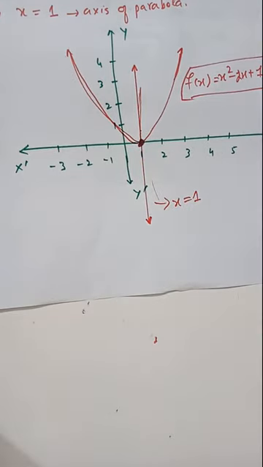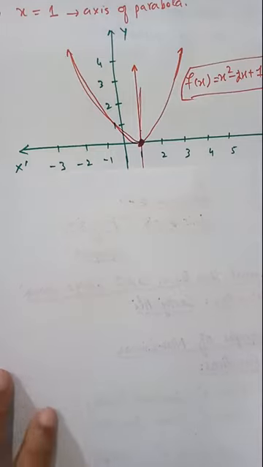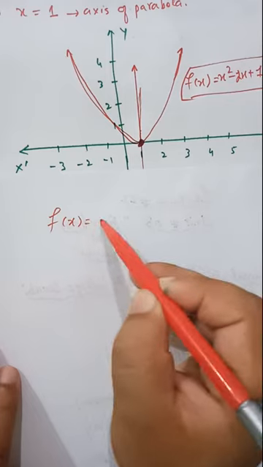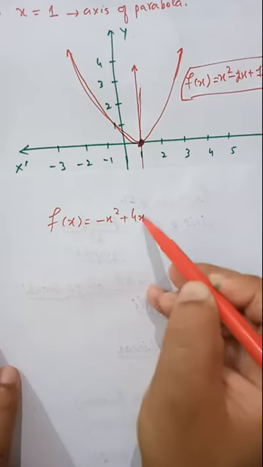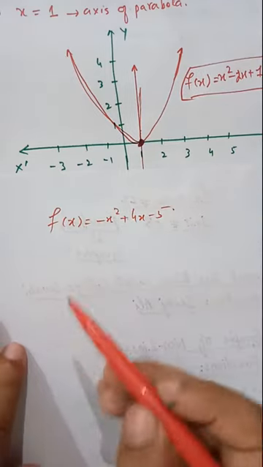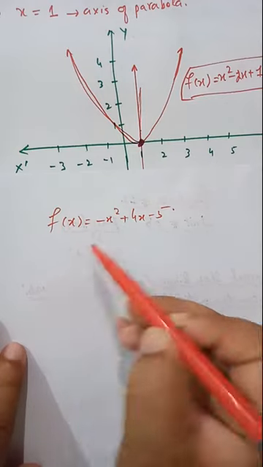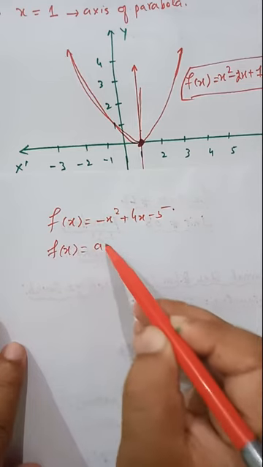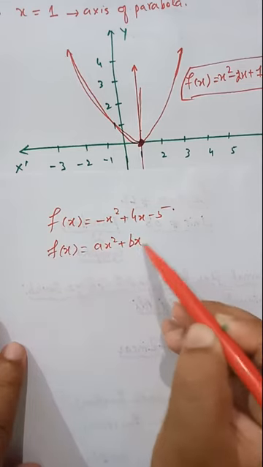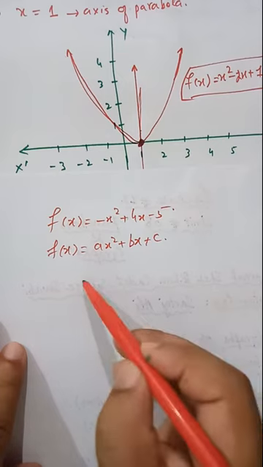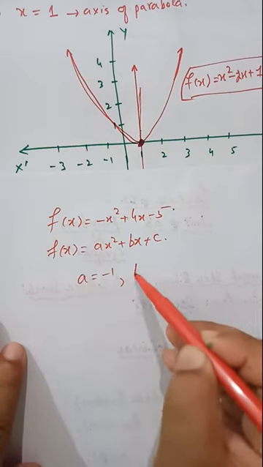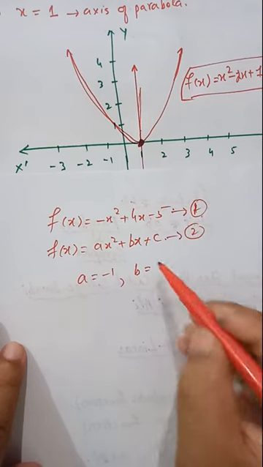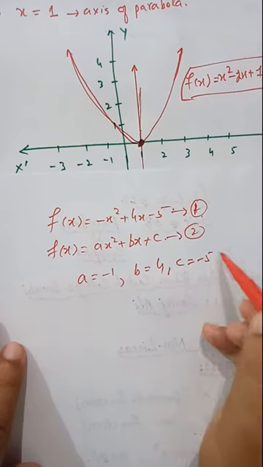Now if I consider another example, which is f of x is equal to minus x square plus 4x minus 5. So in this case, if I compare this with the general form ax square plus bx plus c, a is minus 1, b is 4, c is minus 5.